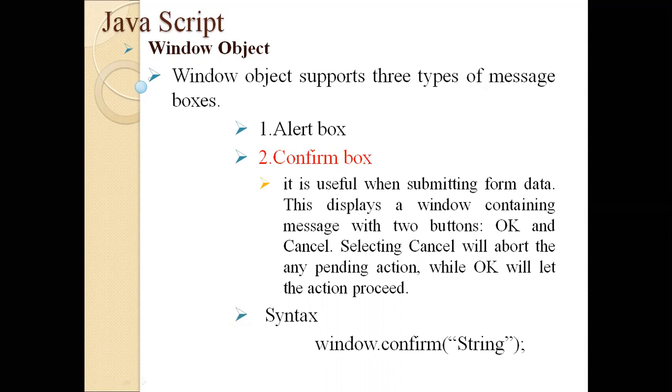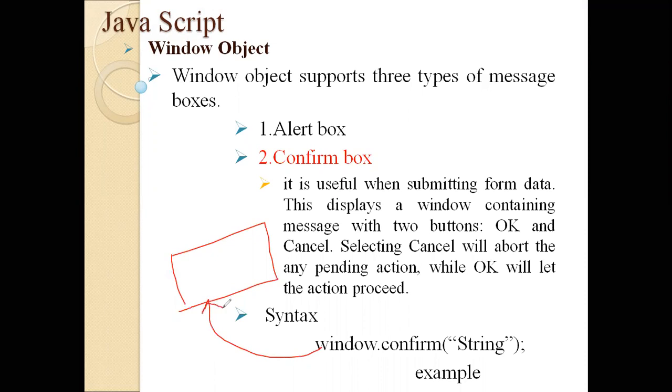So we have to pass one message here, and then a new window will be created over the web page. For example, the expected output of this message: because it is a confirm box, there will be two buttons, one is the OK button and the second one is the Cancel button.